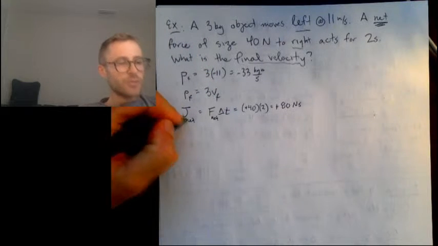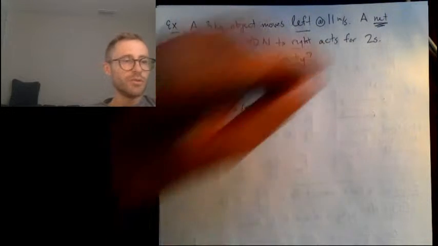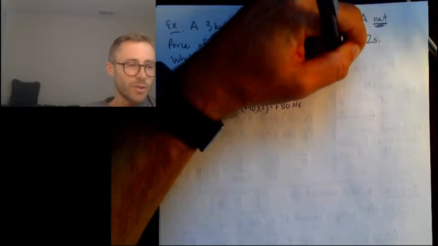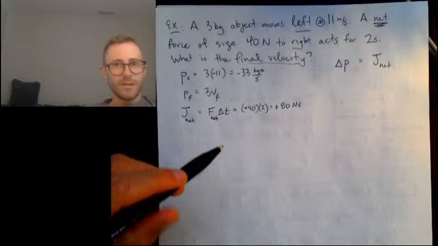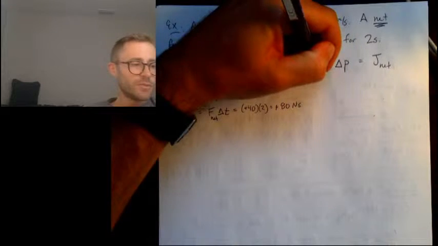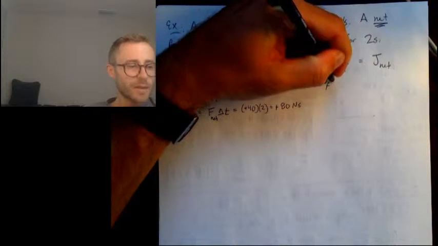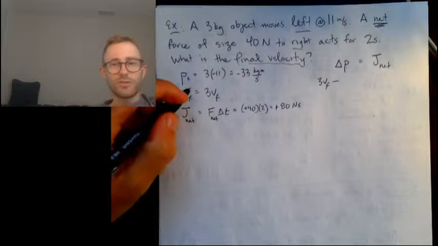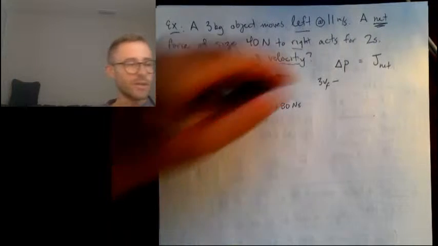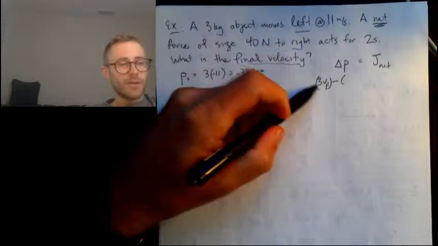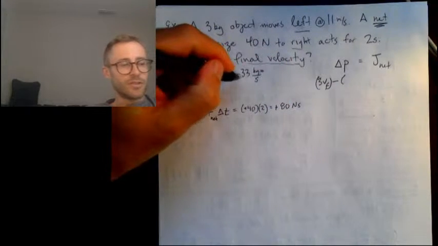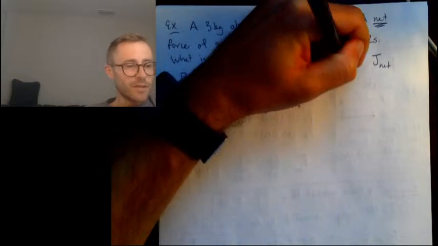Because that is the net impulse, I can use the equation change in momentum equals net impulse. The change in momentum is P final, which is 3 v final, minus P initial, which is negative 33. We have to be careful here because we have final minus initial, but the initial is negative, so we have a double negative.